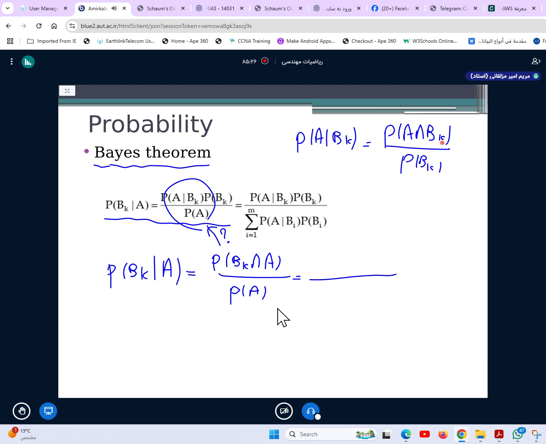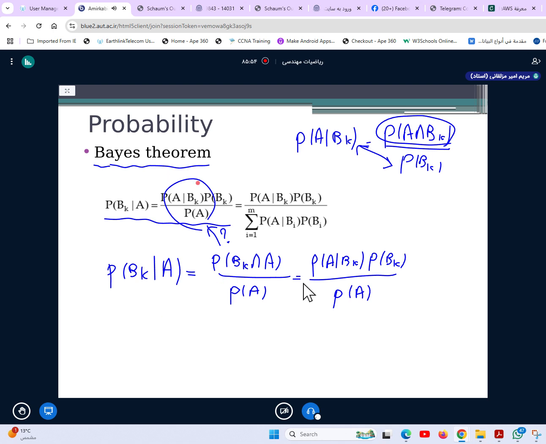So from this equation, we know that the probability of A intersection beta is the multiplication of these two terms: the probability of A given beta times the probability of beta, divided by the probability of A. So we simply prove this formula.